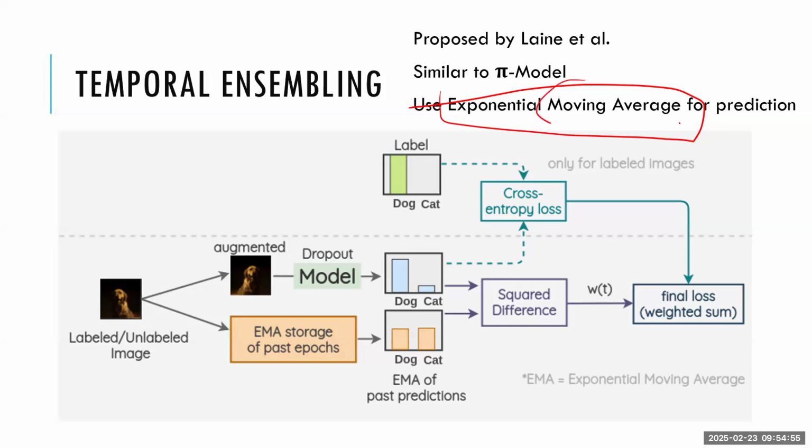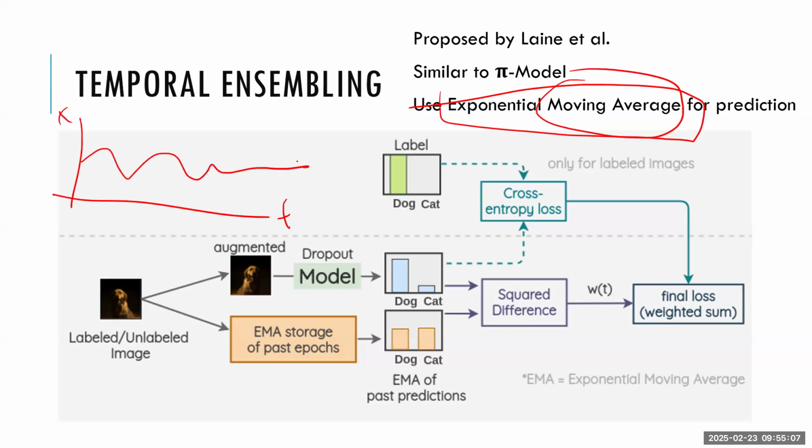For the moving average, let's say you have data over time, something like this. When you compute the moving average, you pick a small window and calculate the average for that window.